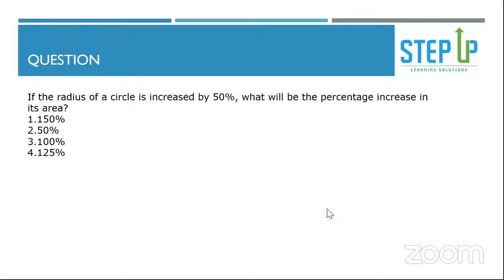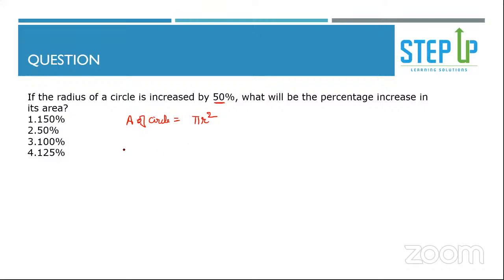Okay, I hope you know area of circle. Area of circle is equal to what? Pi r square, right? So radius of circle is increased by 50%. What will be the percentage increase in its area? So earlier it was pi r square.